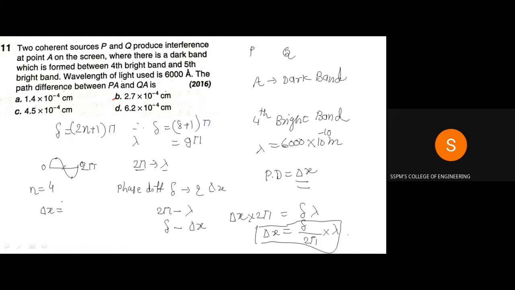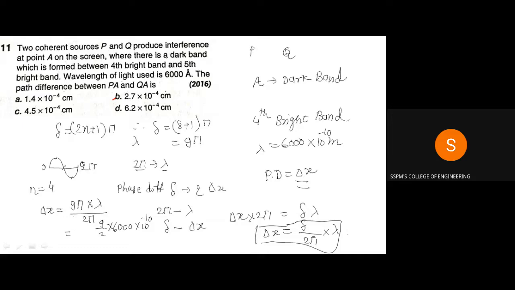Delta x equals 9 pi into lambda upon 2 pi. So that is the answer. So 9/2 into 6000, the value given, 6000 in Angstrom units, that is 10 raised to minus 10.